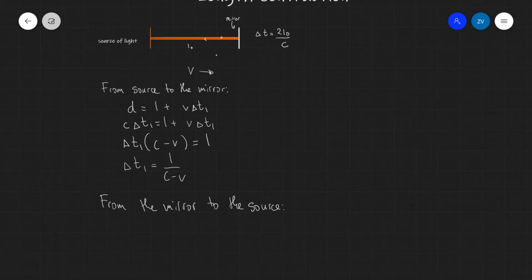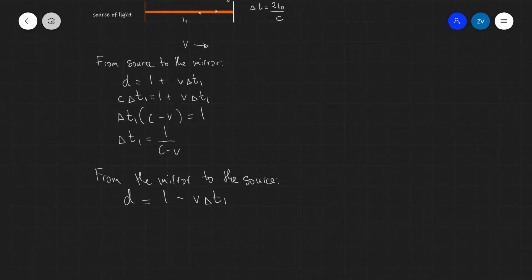However, the direction of the light will now be opposite to the direction in which the frame of reference is moving. So you have to imagine that we're moving to the right, whereas the light is now moving to the left. So our equation for the distance d will be equal to L, the length, minus v times t1.